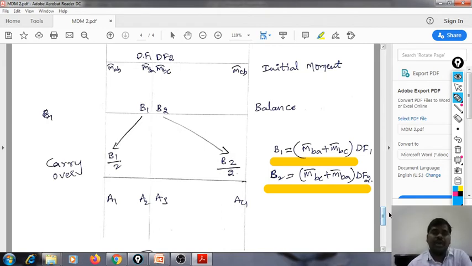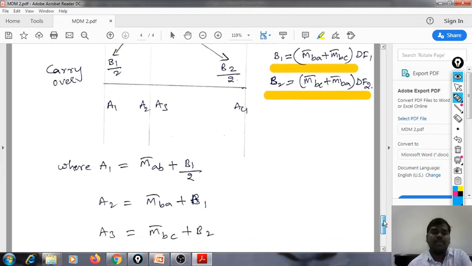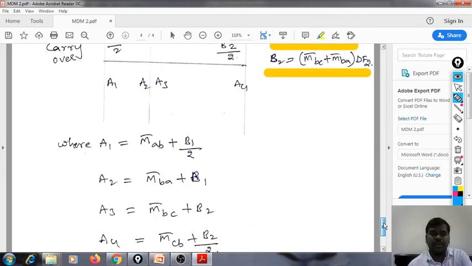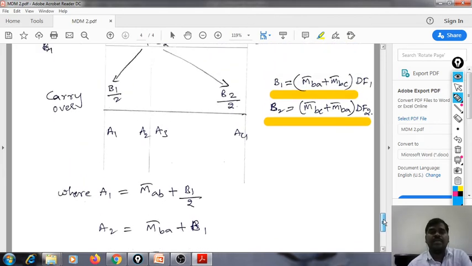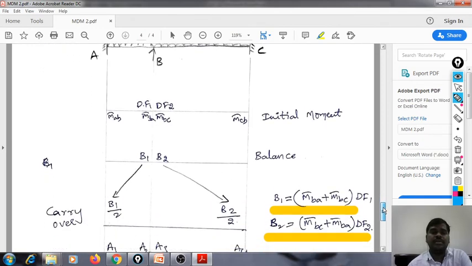Next, after that we will get A1, A2, A3, A4. What are A1, A2, A3, A4? A1 is equal to the sum of m bar AB plus B1 by 2. If we add these two, we will get this. And if we add these two, we will get this.